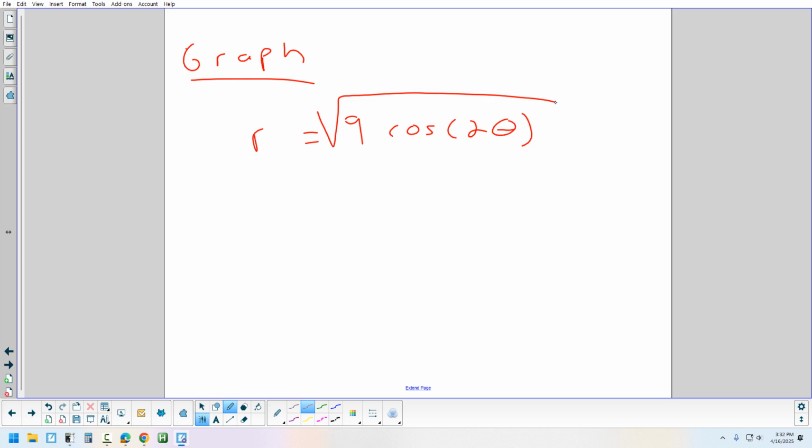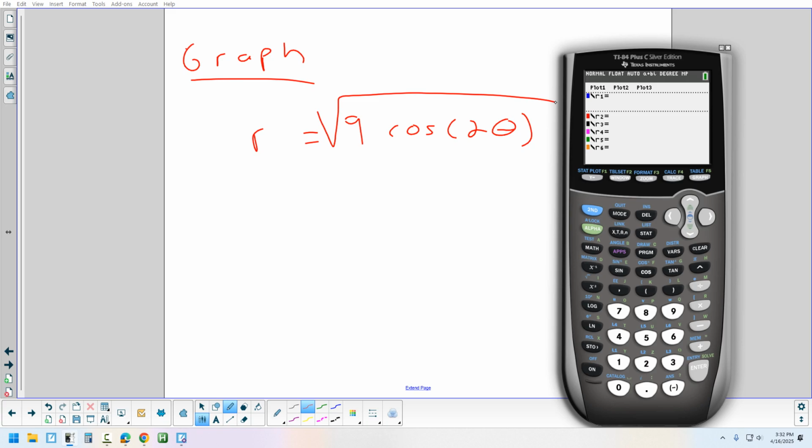So it's going to be the square root of 9 cosine 2 theta, and I will put that in on R1. This is in polar mode, so make sure you go to the third option over on the right.